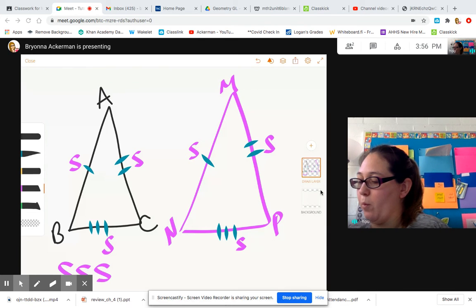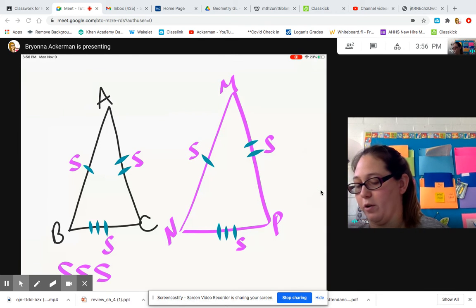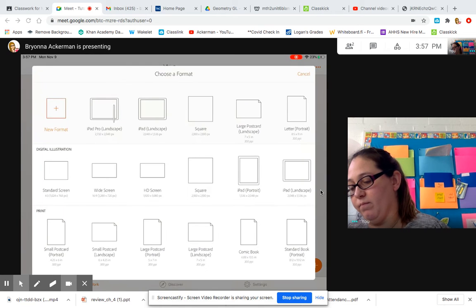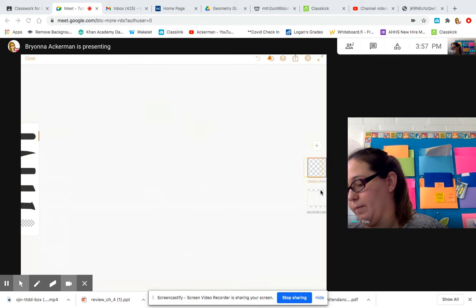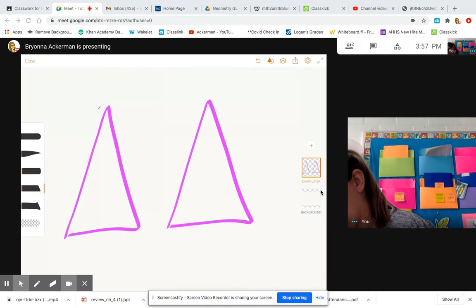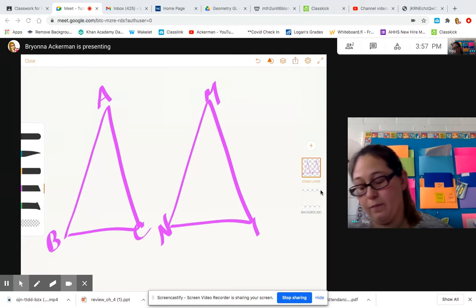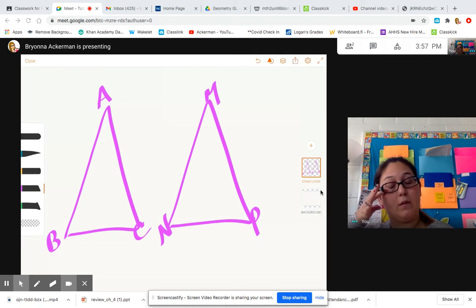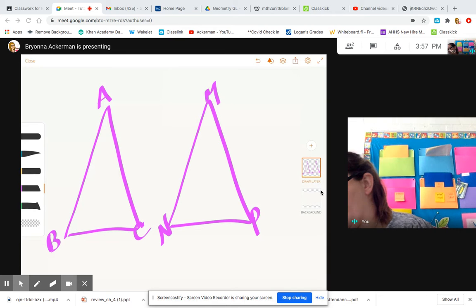Okay, let's try one or two more older ones from last week. Okay, so what if we have this angle and this angle, this angle and this angle, and this side and this side?